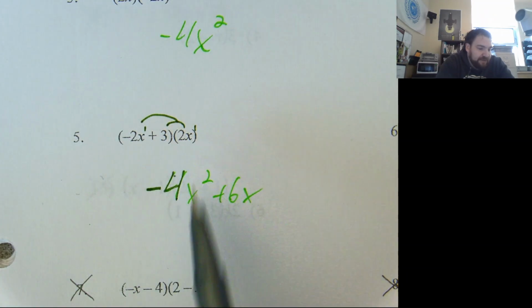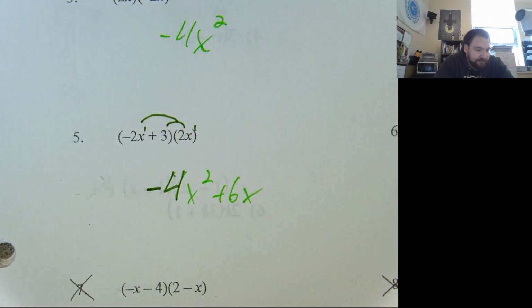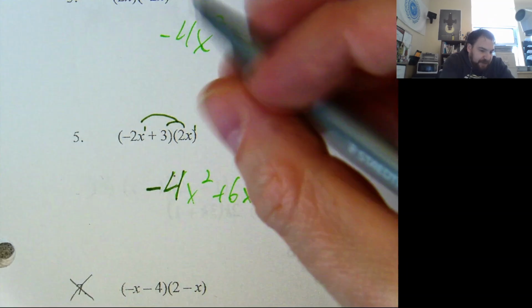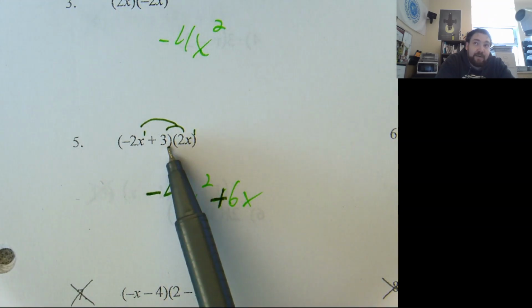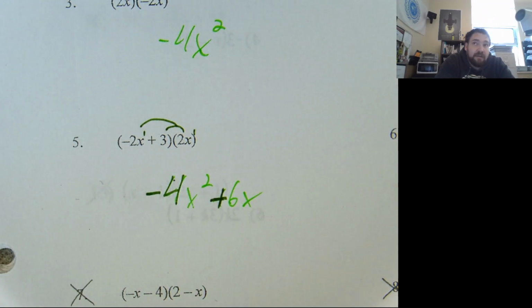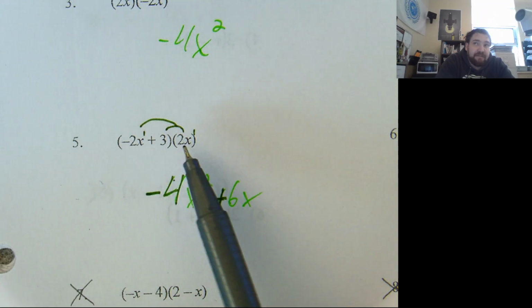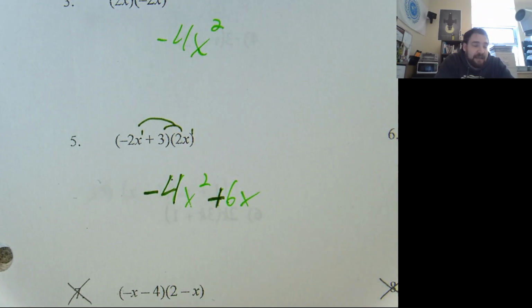X to the 1 times x to the 1 is x squared. And then 2 times positive 3 is positive 6, so that's why that plus sign is there. And the x has nothing to multiply with other than itself, so we bring it along for the ride, and I get negative 4x squared plus 6x. Make sense? Okay.